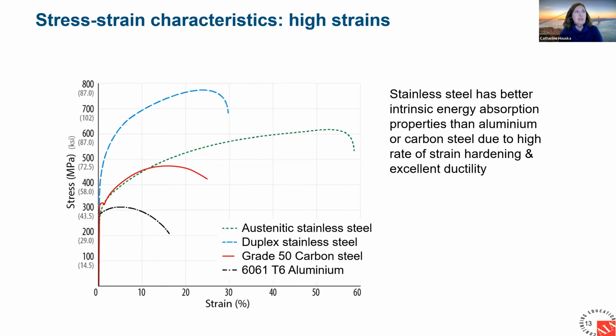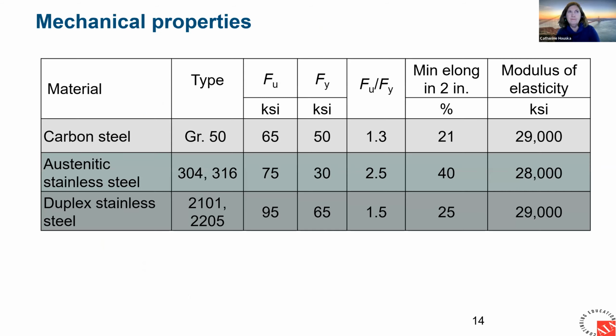And at high strains, again, you can see the comparison between these structural materials. Stainless steel has better energy absorption than either aluminum or carbon steel. And we will delve into that a bit later.